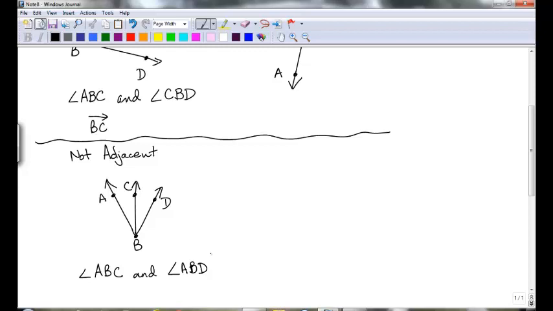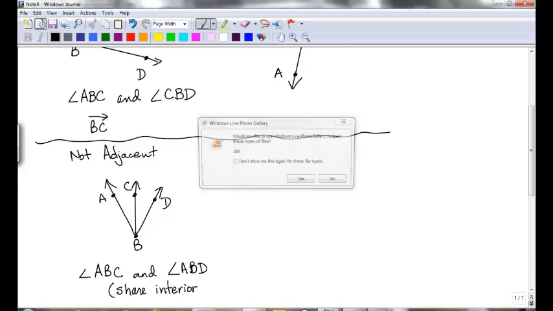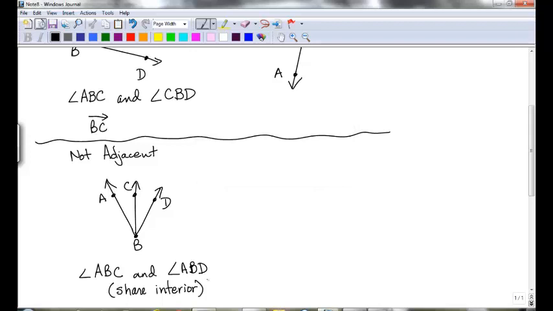What makes those not adjacent? They have a common vertex. Do they have a common side? They have a common side, AB, right? Yeah, but they share the interior. So they share several interior points. That's what throws that off.